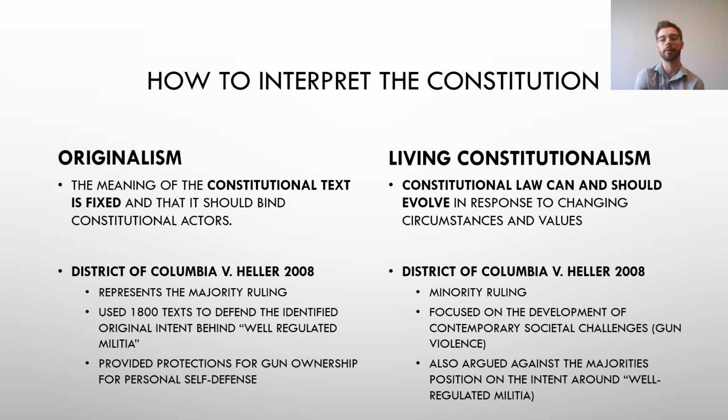So we also see there was a dissent provided by a representative of the living constitutionalist perspective, Justice John Paul Stevens. Stevens argued that he aligned with a more living constitutional approach and argued that the Second Amendment should be understood in the context of modern societal needs. He believed that the original purpose of the amendment was to ensure state militias could defend against federal overreach, not to protect an individual right to own firearms unrelated to military service.